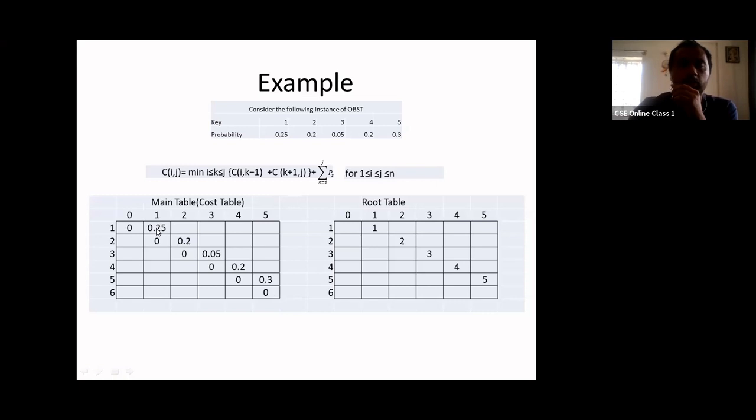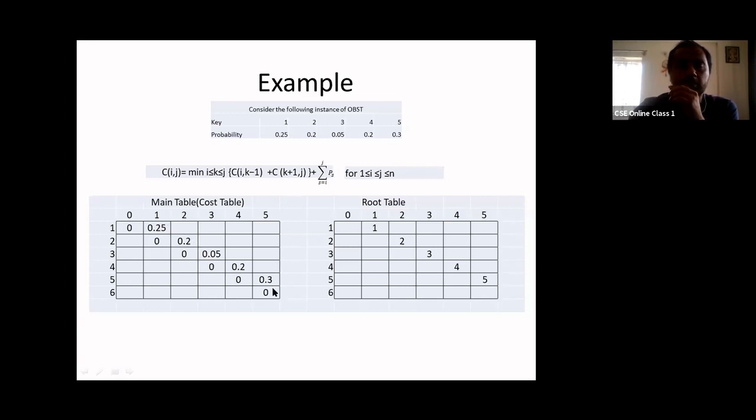Therefore the cost remains as the probability of that key itself. And as the key remains the root, root 1 comparison into 0.25 remains as 0.25 itself. If you compare the root table the same way, it will remain as one key. There is no other ambiguity. So it is a one key tree. Same way 2 comma 2 in the cost table will be one key, 3 comma 3 one key, 4 comma 4 one key, 5 comma 5 one key.